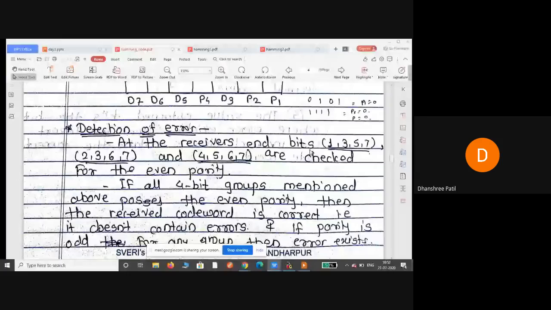Okay, so at the receiver side the bits, that is nothing but the positions, the bits 1357, 2367 and 4567 are checked for even parity. Okay, what is done at the receiver side, these bit combinations are fixed, you have to remember this, don't forget them. These combinations are fixed, only these are checked at the receiver side.